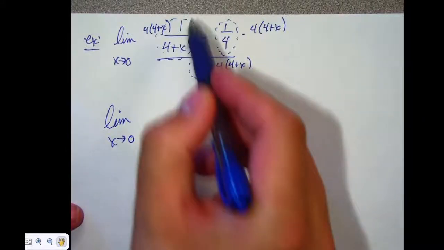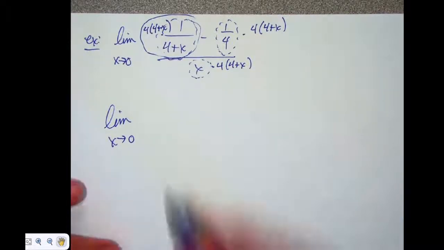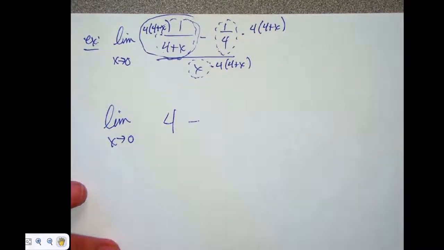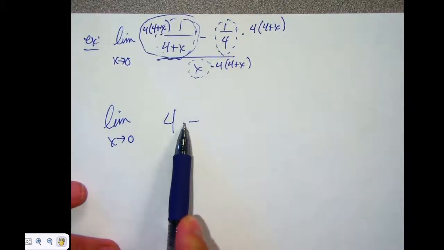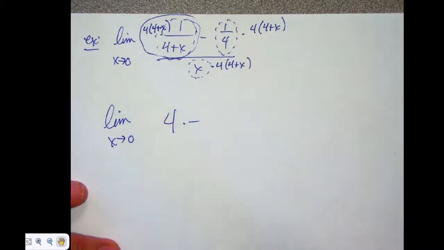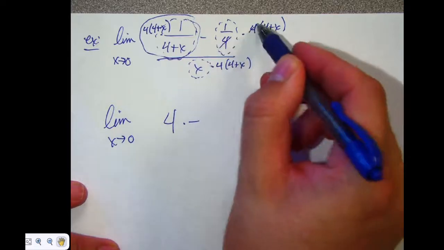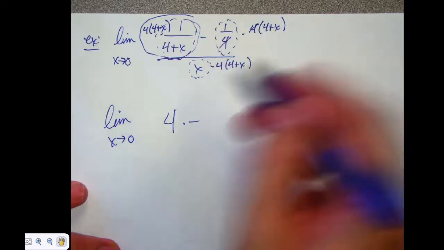So in this top left term, after the 4 plus x is canceled, what's the only thing left? 4. Now in this top right term, what cancels? 4's, right? And you're left with 4 plus x.